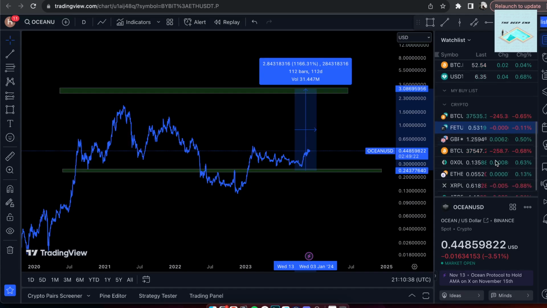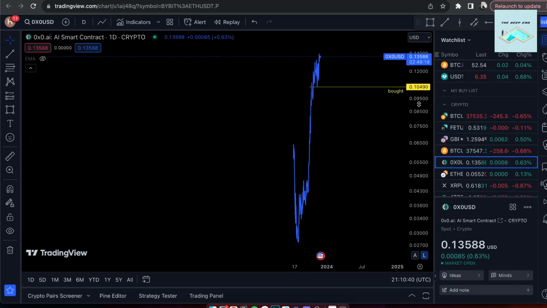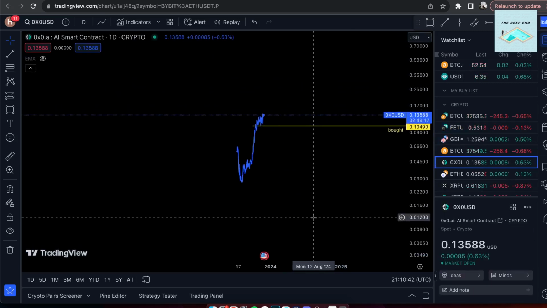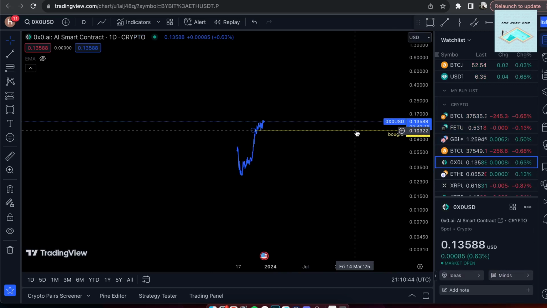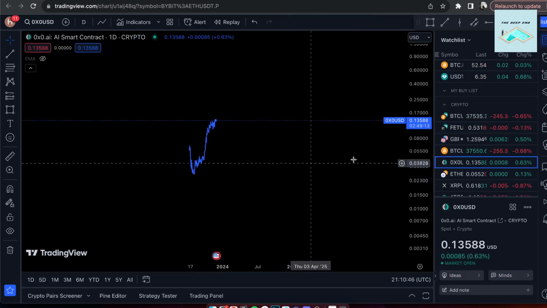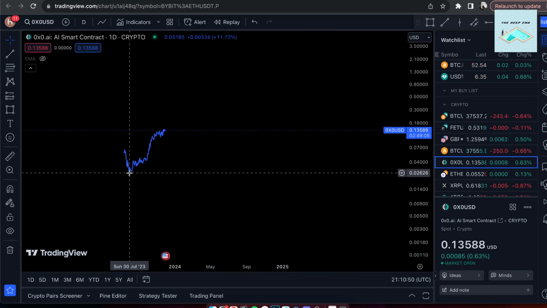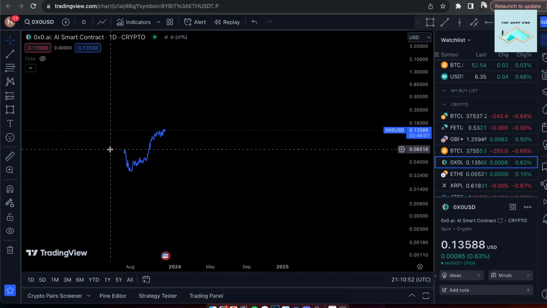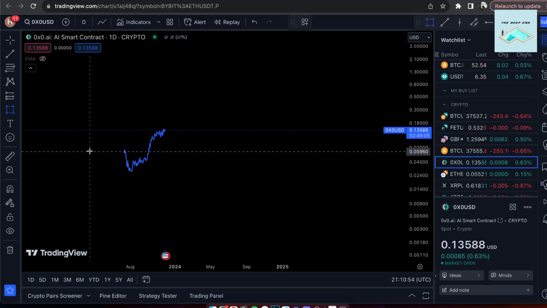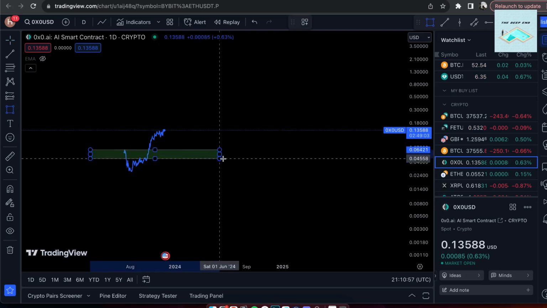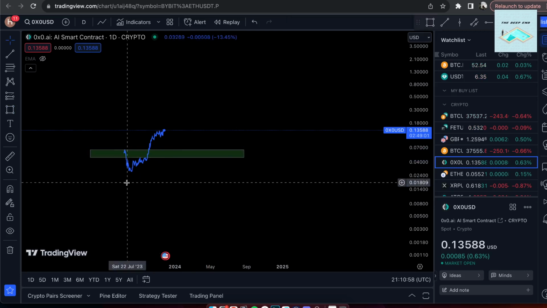Last but not least, well, it's not least at all. These are the harder ones to kind of predict because they're new projects. So you can't really look at what they've done in the past. But I would say, just taking off the launch price, probably anything in between here is a buy.